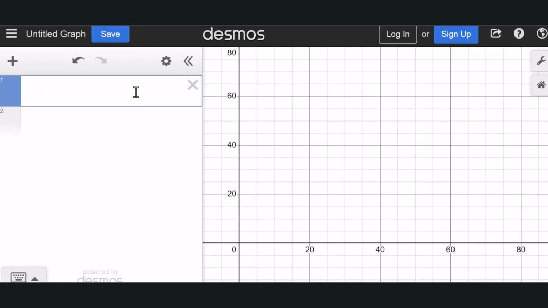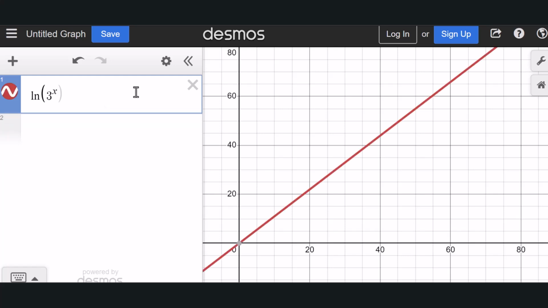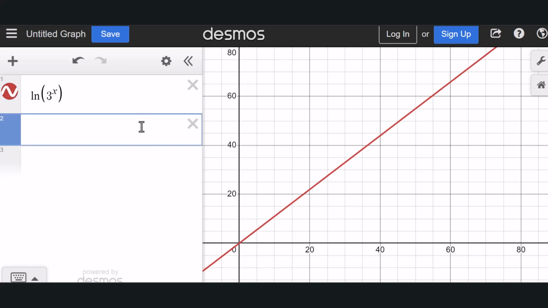So we have ln of 3 to the power x, and it just recognizes ln. You can see this is going to infinity, and if we put x in, that goes to infinity as well with a slower rate.